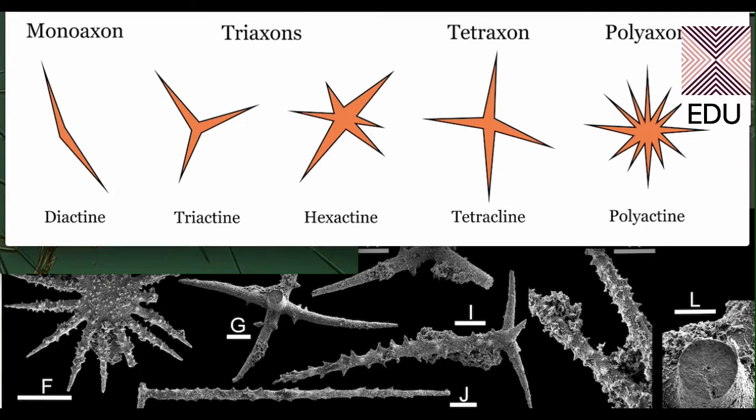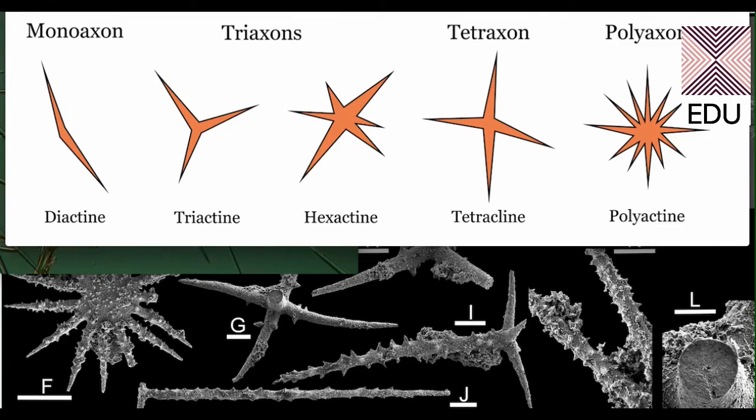So first of all, something about monoaxon spicules. These are long needle-like structures, and these may be further of two types. The first type is uniradiate, also called monoactinal, and the second type is biradiate. Biradiate is also called diactinal.